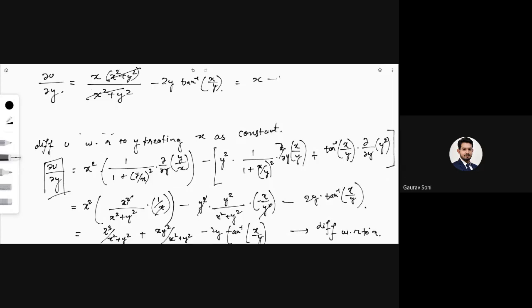So which is x minus 2y tan inverse x by y. Now differentiating with respect to x, treating y as constant.